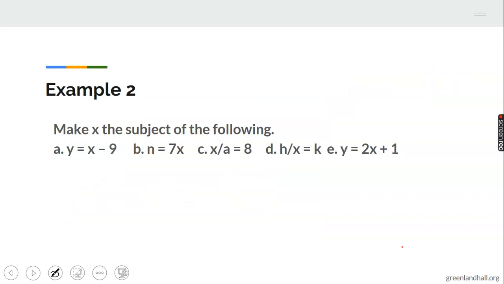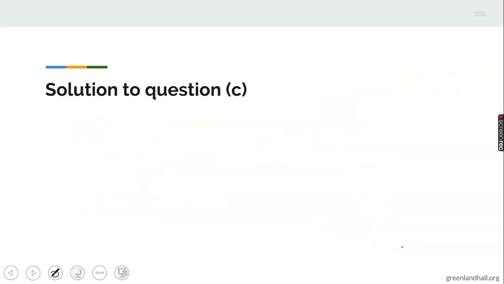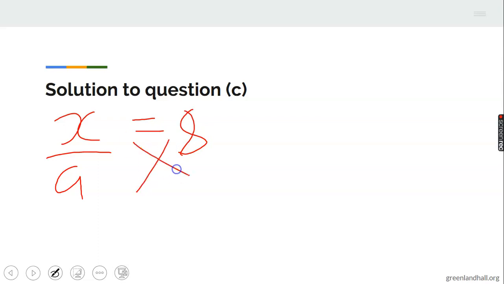The next question: X over A equals 8. What do you do? You cross multiply. That is X equals 8A.